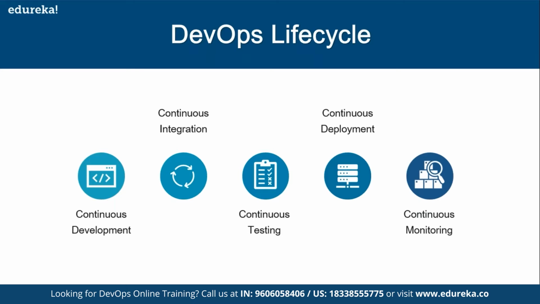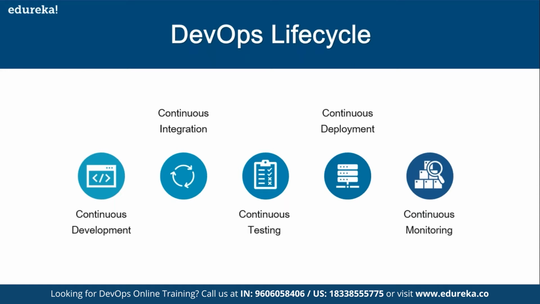Now, there are no DevOps tools required for the planning, but yes, there are tools for maintaining the code. Like you have Git, you have GitHub, right? All of these tools are made available to you. They are part of the DevOps life cycle.